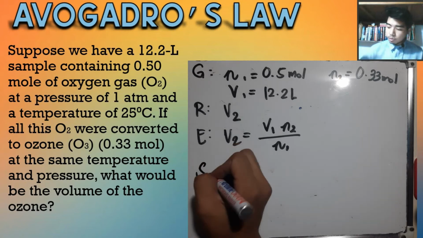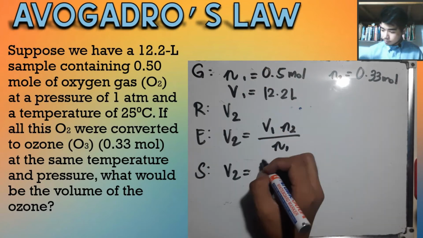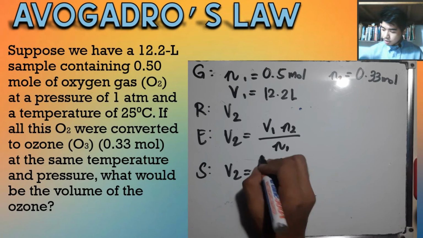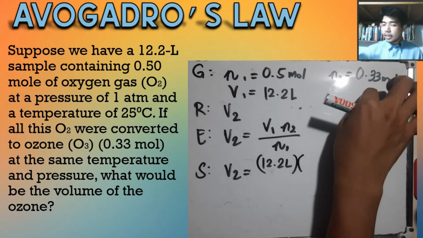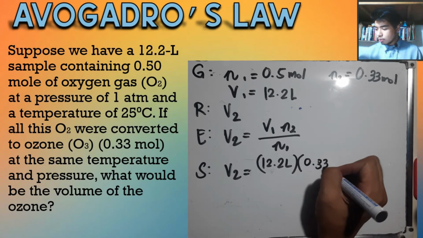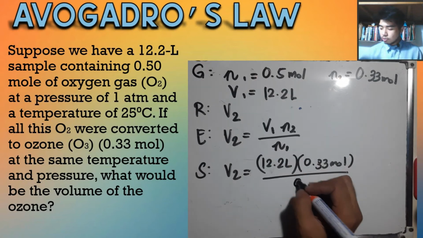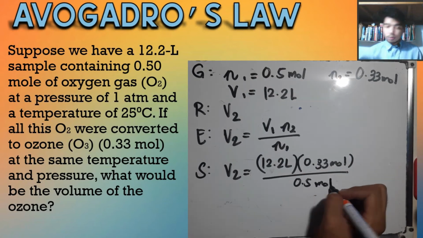Then for our solution, V sub 2 is equivalent to V sub 1, which is 12.2 liters, times final number of particles, which is 0.33 moles, over initial number of particles, which is 0.5 moles.